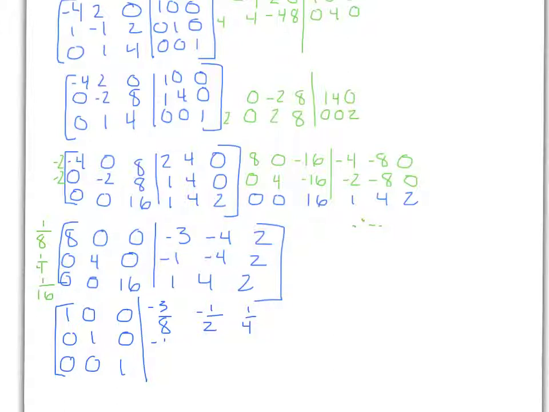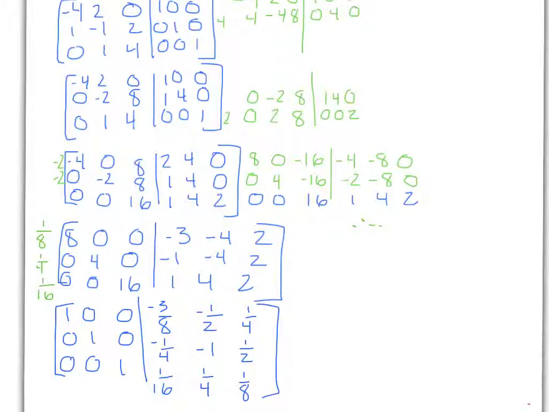Then in the second row, I've got -1/4. -4 divided by 4 is -1, and 2 divided by 4 reduces to 1/2. And then in the third row, I've got 1/16. 4/16 reduces to 1/4, and 2/16 reduces to 1/8. So now I've got my 3×3 inverse.